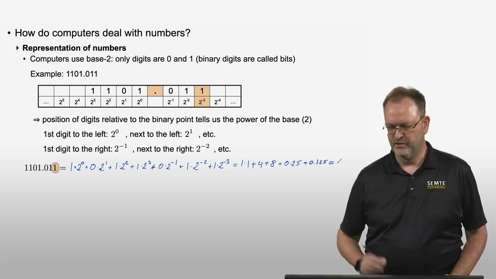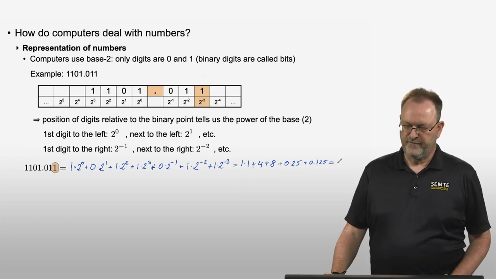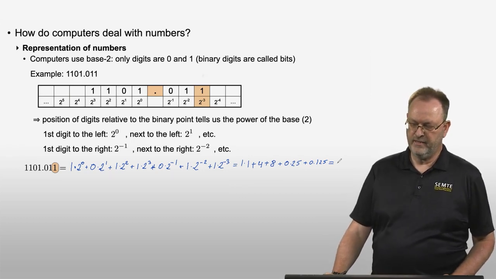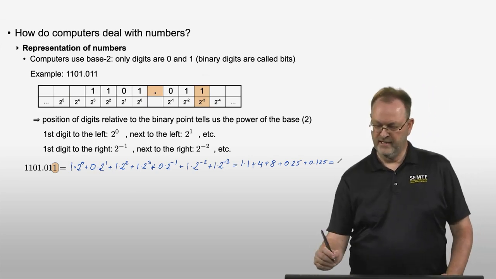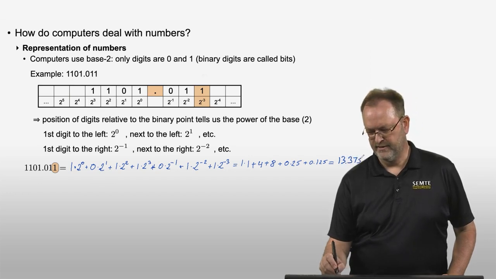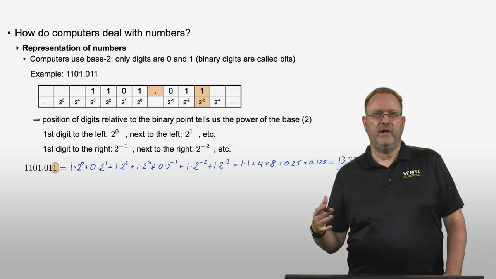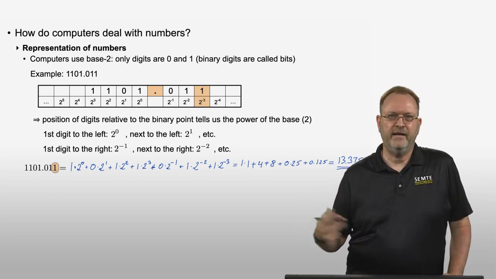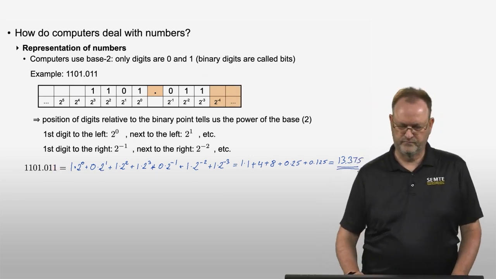0.125. So if we add these numbers together, a 1 plus a 4 is a 5, plus an 8 is a 13, plus a 0.25 and a 0.125, that would be 13.375. So that would be the binary number 1101.011 expressed as a decimal number.